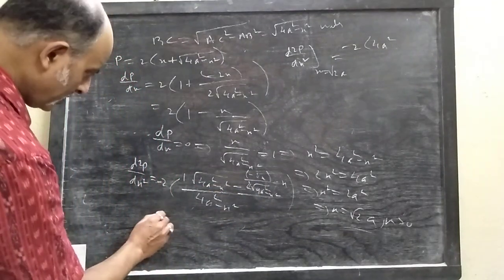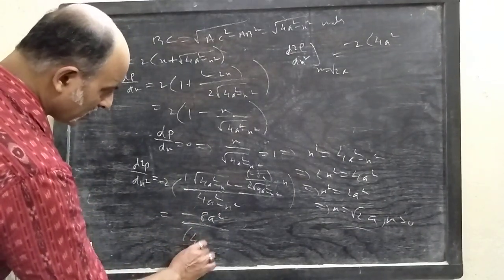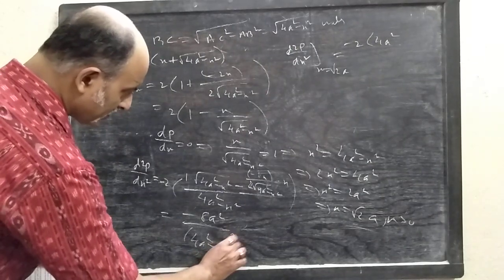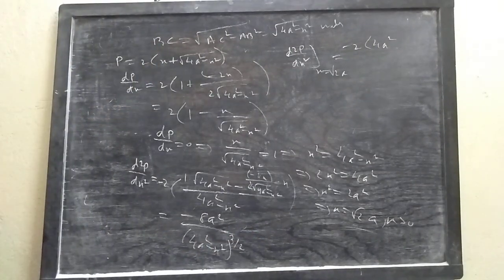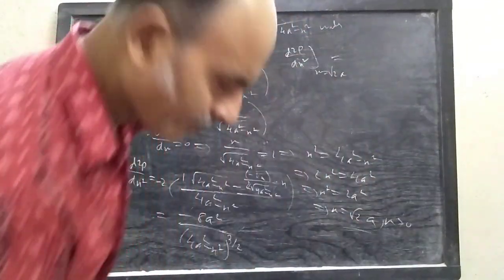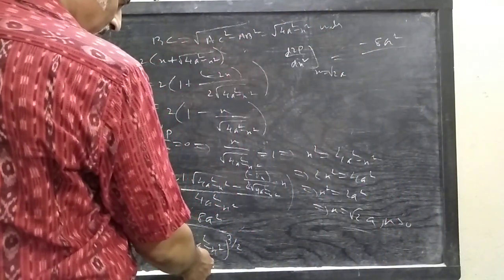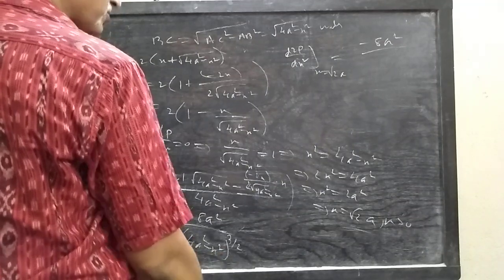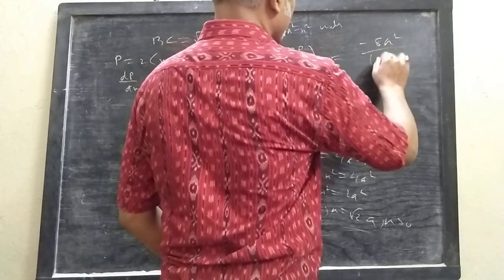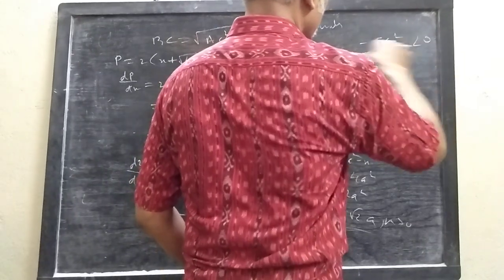So this will be minus 8a square by 4a square minus x square to the power 3 by 2. Minus 8a square by, if you put x equals root 2 a here, this becomes 2a square to the power 3 by 2.